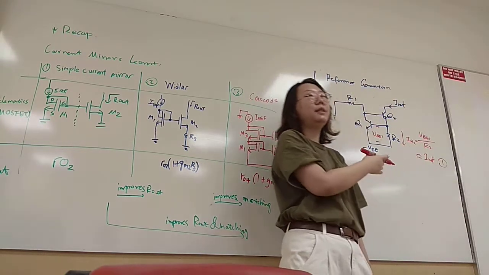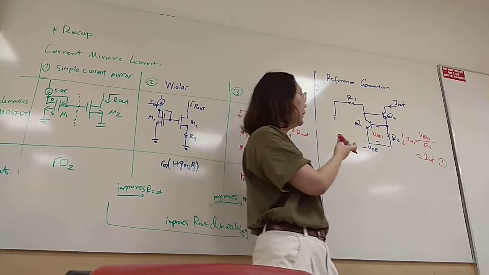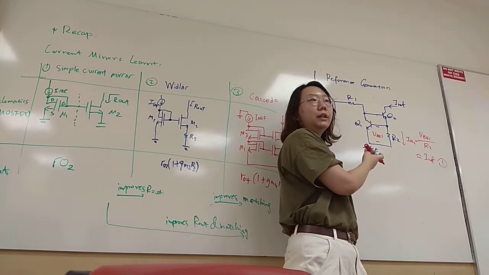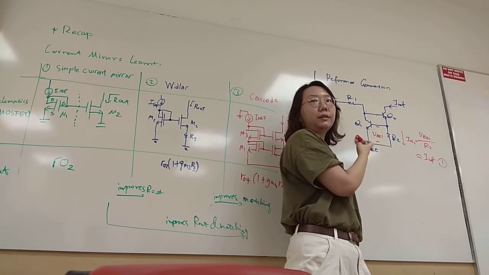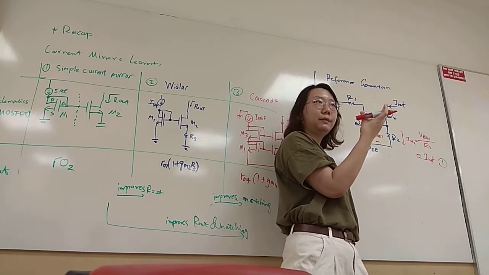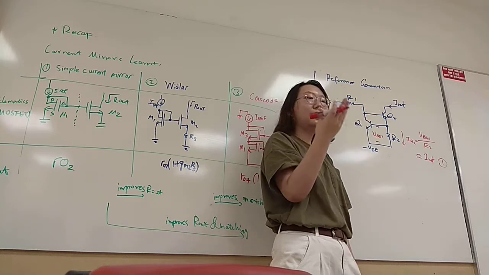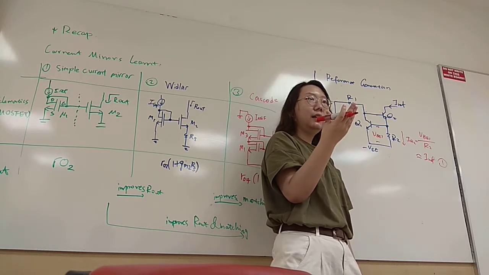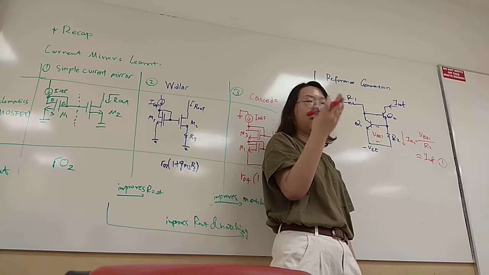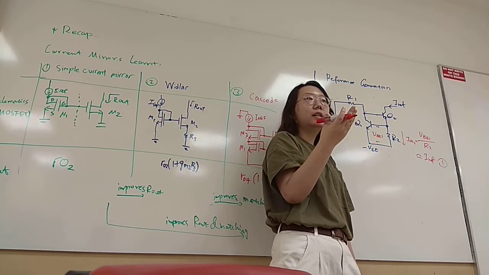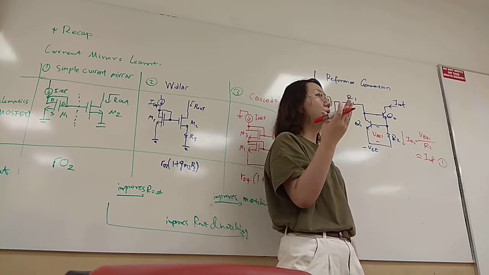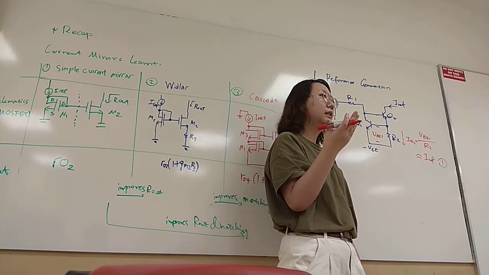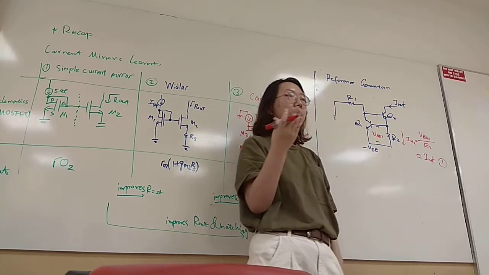If you just write VBE1 divided by R2, you are not getting the relationship between your VDD and IREF, right? Now we are talking about how I can improve my reference generator so that my reference current IREF is stable and not going to change with my VDD. So how can I rewrite this equation such that I can get the relationship between IREF and VDD? I can use the diode equation for IC.